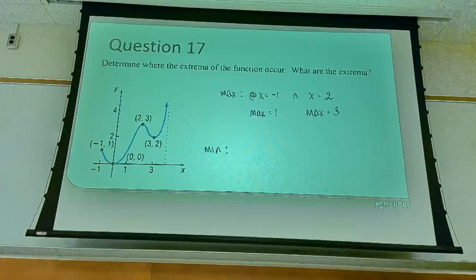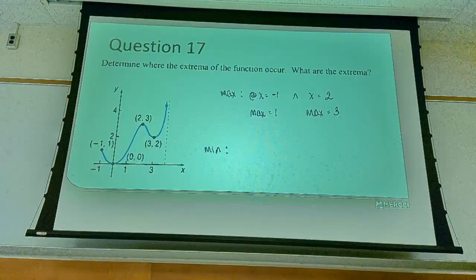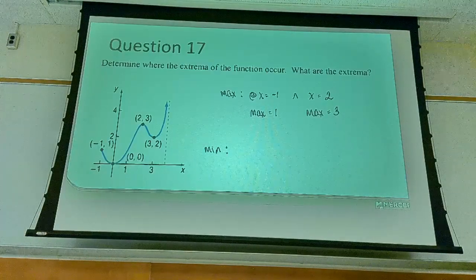No, because it's never touching that line. Even if it was, just because it's going up, it's never going to touch that actual value. It keeps getting closer to that line.